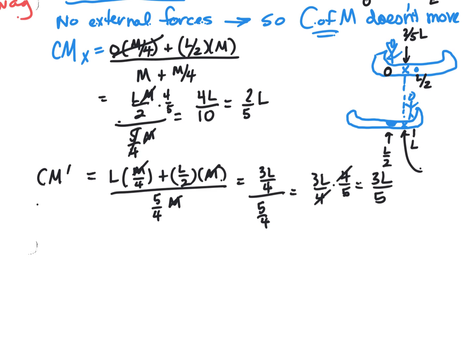So if it moved from 2L over 5 to 3L over 5, how much did it move? Let's go in a different color so you can really see this. It's effectively what we're saying is it started at 2/5 L and ended up at 3/5 L. Well, how far is that?